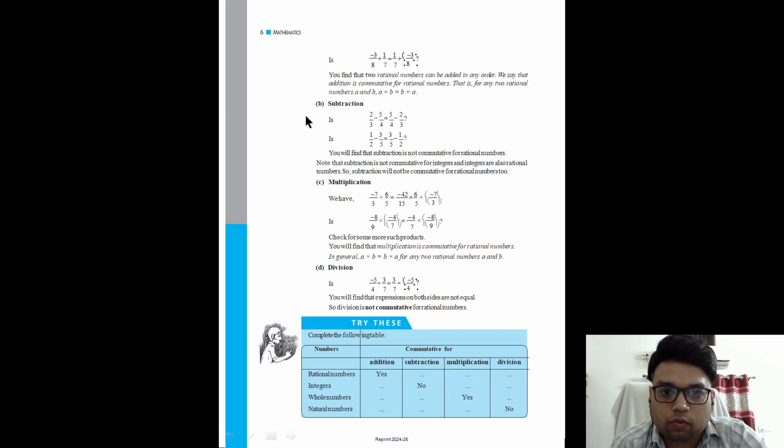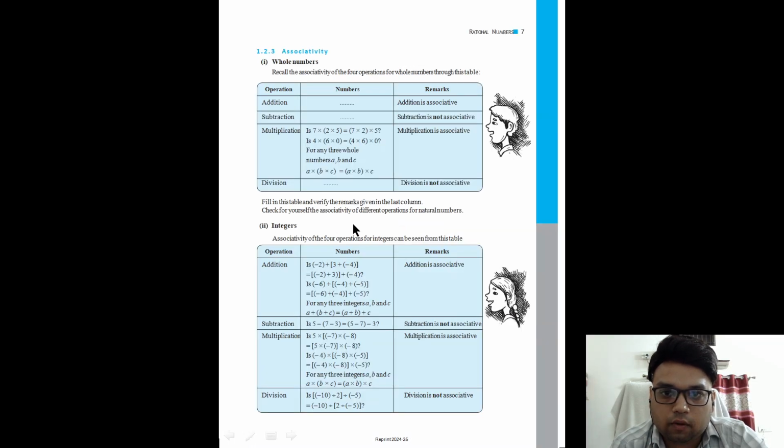Here we can see the associative property. What is the associative property? You have to remember that the associative property says the grouping of numbers doesn't affect the result of addition or multiplication.